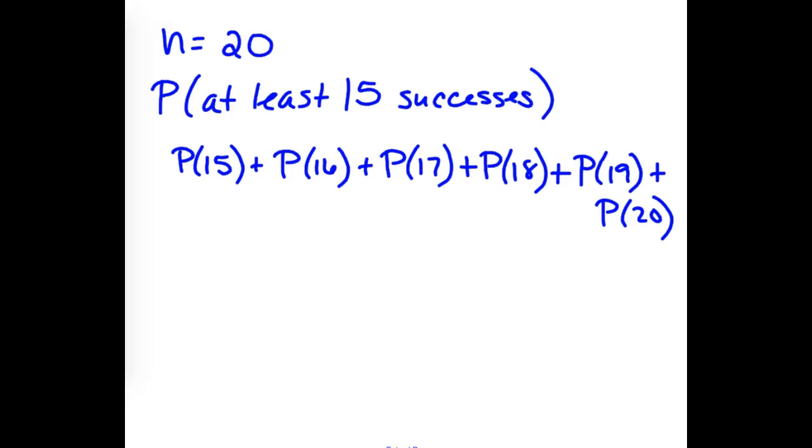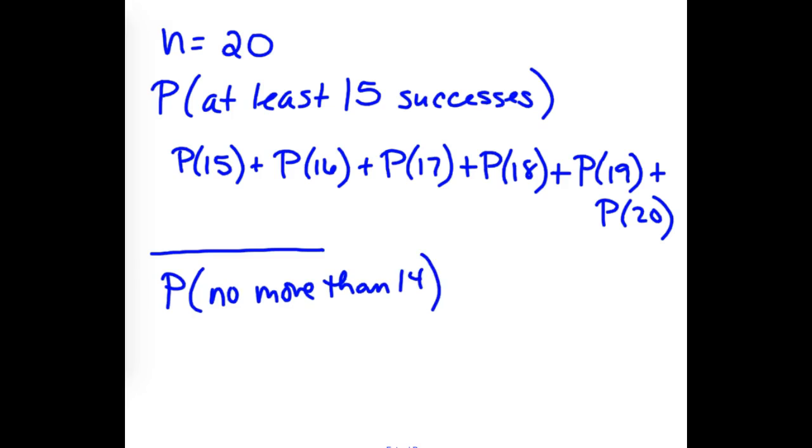But what if I changed the question? Let's pretend we already calculated all this, and we got an answer for at least 15. What if I now say, what is the probability of no more than 14? What does no more than 14 mean?